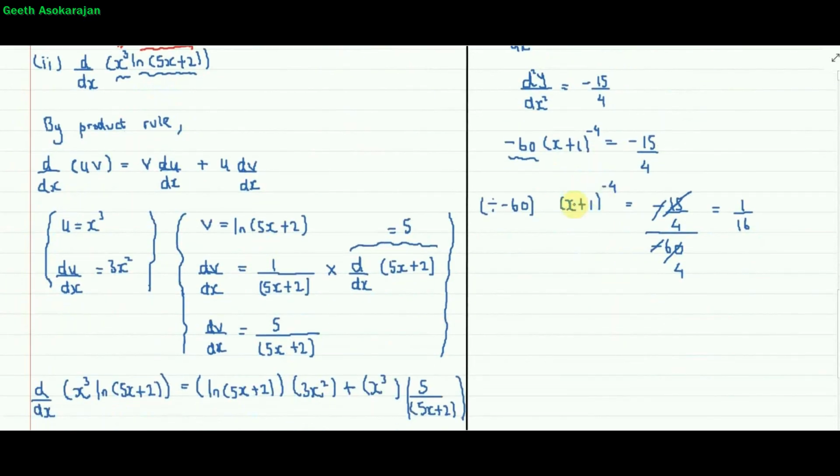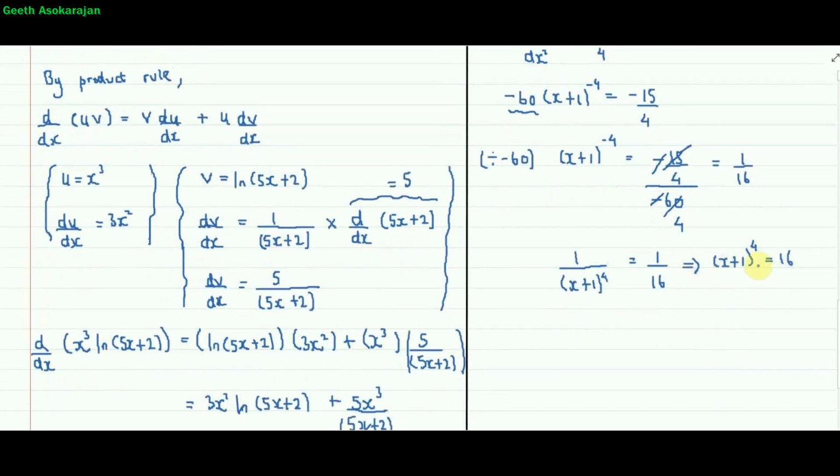Now I can also bring this term down to make this negative power positive. So I'm going to have 1 over, moving the term down, x plus 1 to the power plus 4, that is equal to 1 over 16. If I rearrange from here, we're going to have that x plus 1 to the 4 is equal to plus 16.